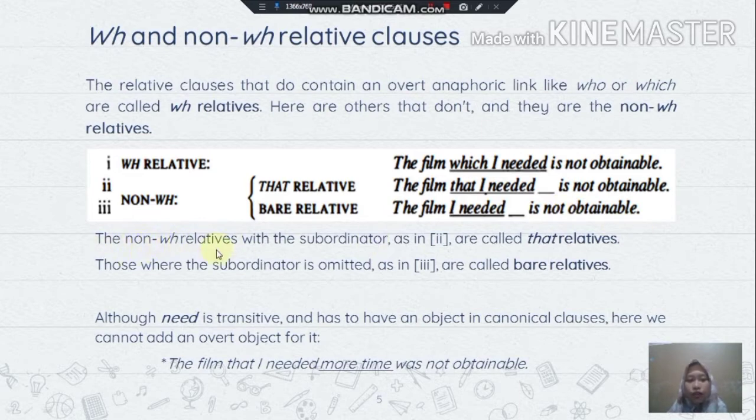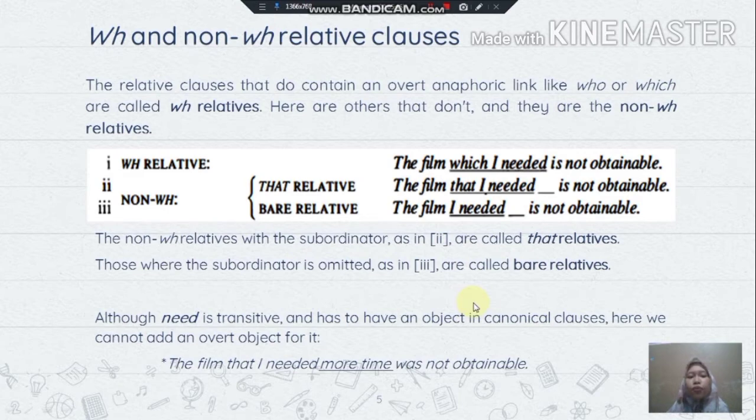The non-WH relative with the subordinator "that" is called a that relative, and the one where the subordinator is omitted is called a bare relative. Although "need" is transitive and has to have an object in canonical clauses, here we cannot add an overt object for it. For example: the film that I needed more time was not obtainable.